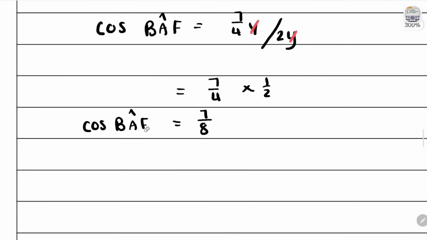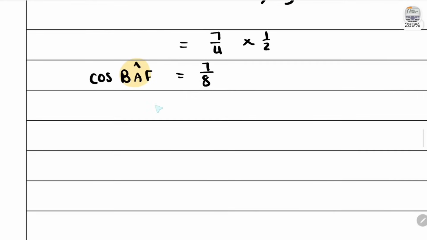So we're saying that cos of angle BAF equals 7 over 8. So to find this angle, you see that we're going to have to get rid of cos. So we can use the inverse of cos on both hand sides. So therefore, angle BAF is equal to shift cos on our calculator of 7 over 8.